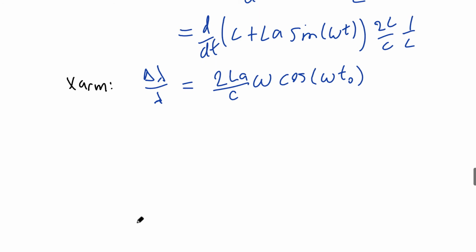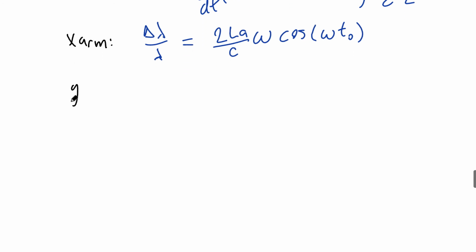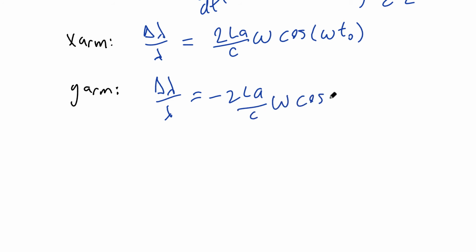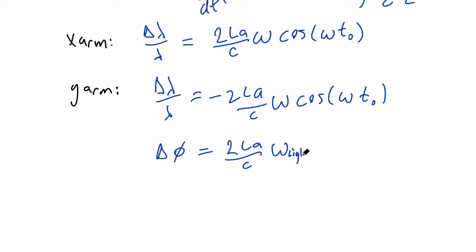And we have a similar result for the light that propagates in the Y arm, namely delta lambda over lambda equals minus 2LA over c times omega cosine of omega t naught. So let's compare these results with our phase difference, which is delta phi equals 2LA over c times omega for the light times sine of omega t naught.